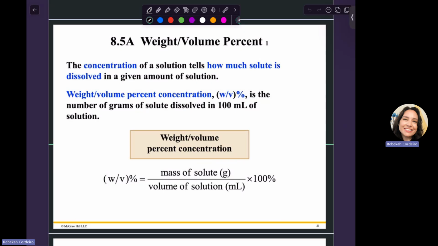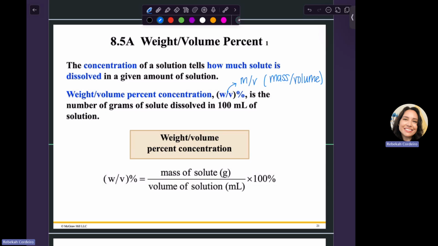One way is the weight volume percent. Weight volume percent concentration, you'll see denoted as W over V. Sometimes in older texts, you may also see it as M over V, for mass over volume. So just keep in mind that if you're going through another course in the future, you may see MV, which is mass volume percent.